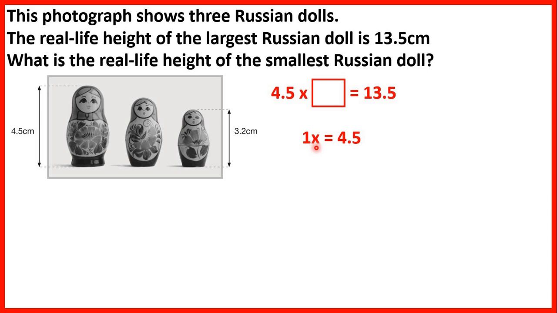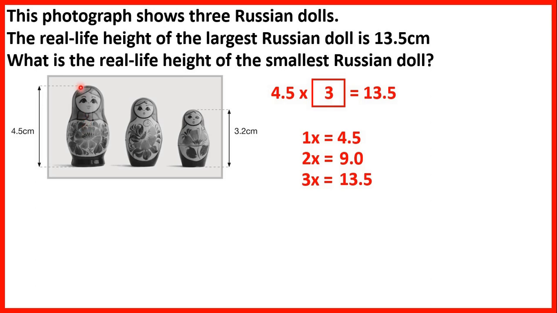Well, 1 times 4.5 is 4.5, and if we add another 4.5, we get 9.0, and then adding a third 4.5 takes us to 13.5. So that tells us that 4.5 times 3 is 13.5.